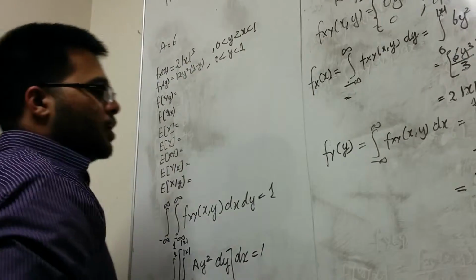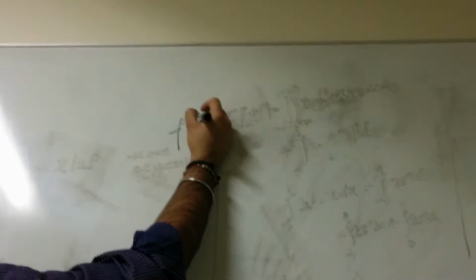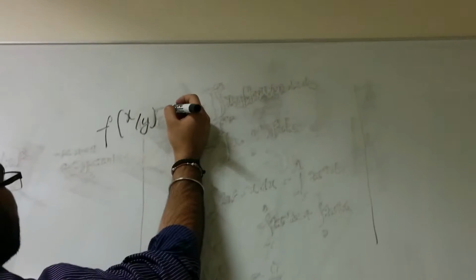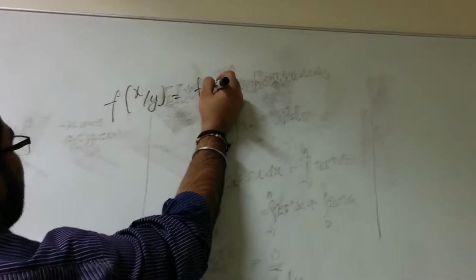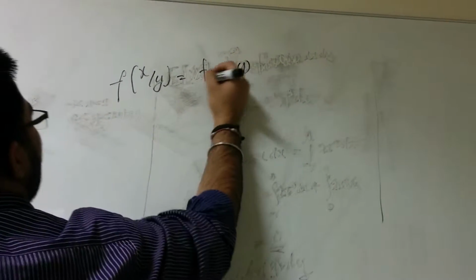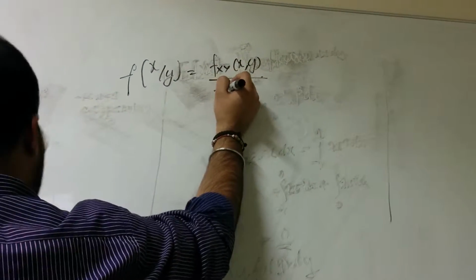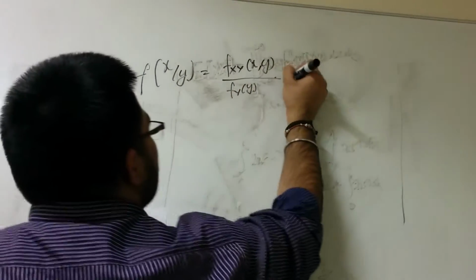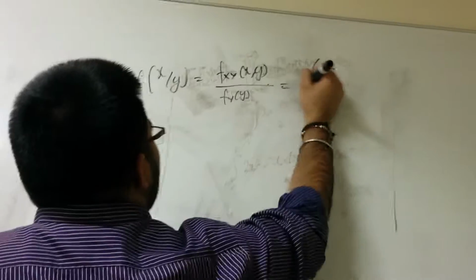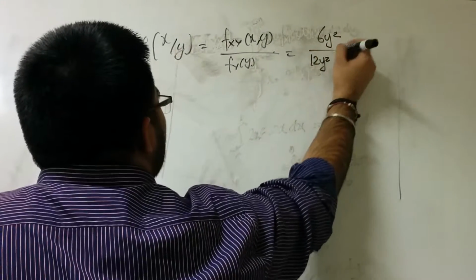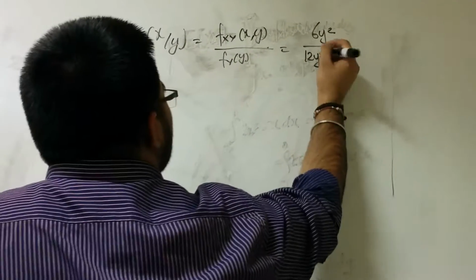Now we would find the density of x given y, that is f x given y. This is equal to simply dividing the given joint density function by the value of f of y. So putting the values, we get 6y square upon 12y square (1 minus y).